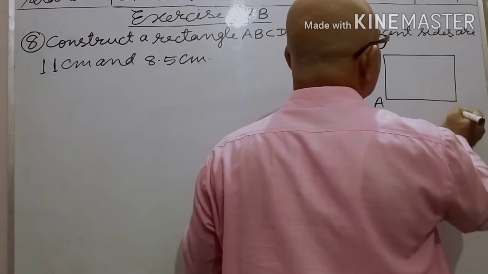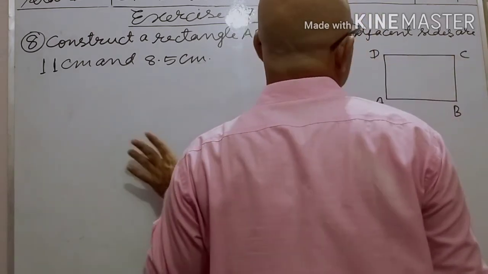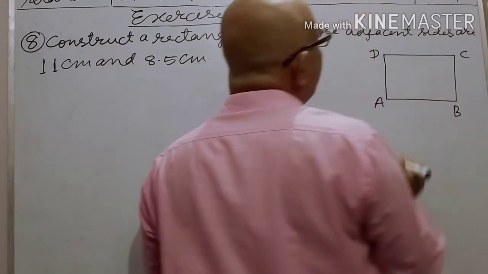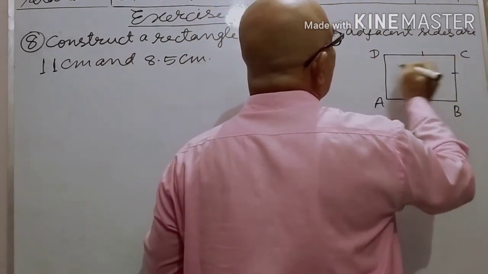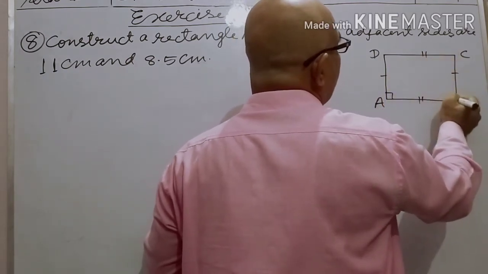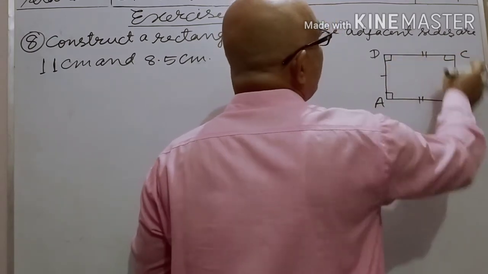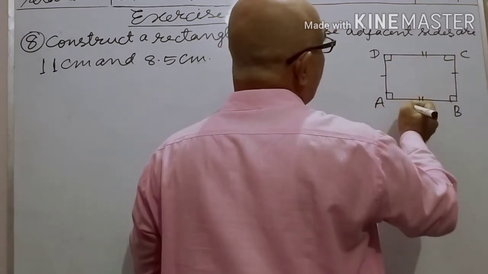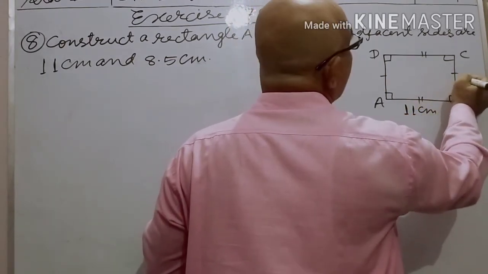We know that the opposite sides of a rectangle are equal and each angle is a right angle. Adjacent sides AB and BC. AB 11 cm and BC 8.5 cm.